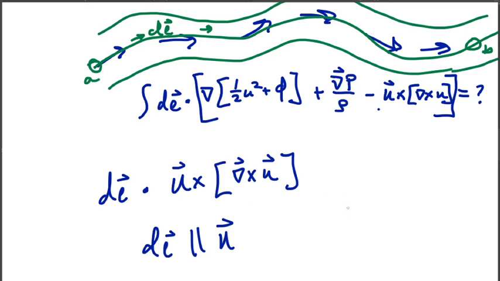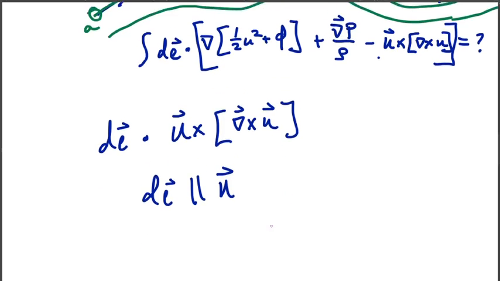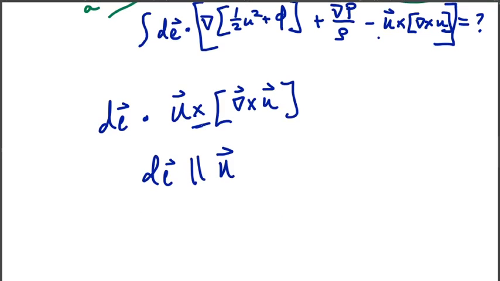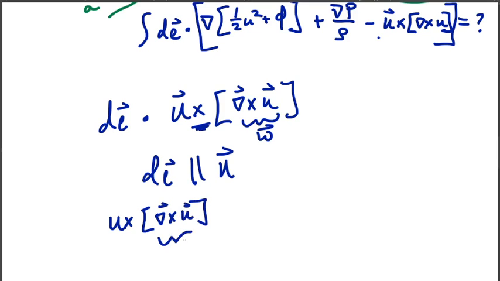We know further, because of the cross product in this, that whatever the vorticity is here, u cross del cross u, well, this is some vector omega, and we're taking u and crossing with omega here, and that must be perpendicular to u because the cross product always creates something that's perpendicular to both components going into it.